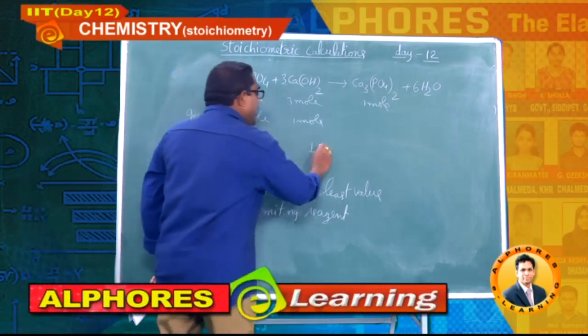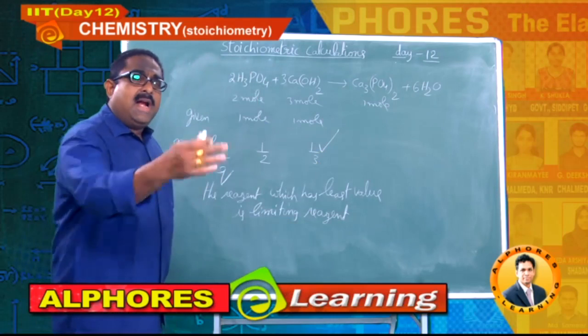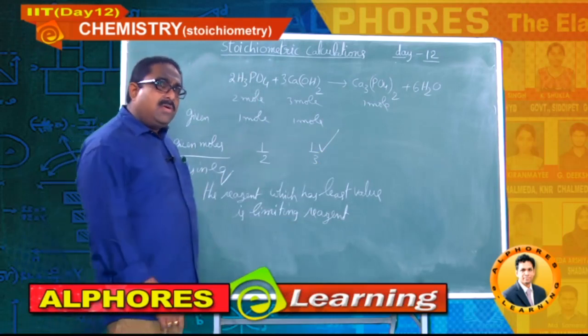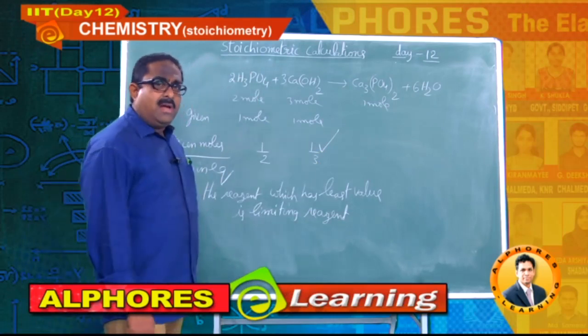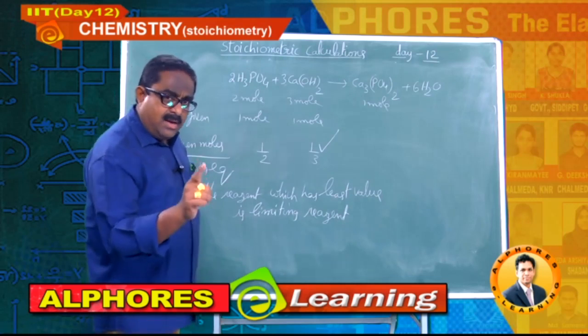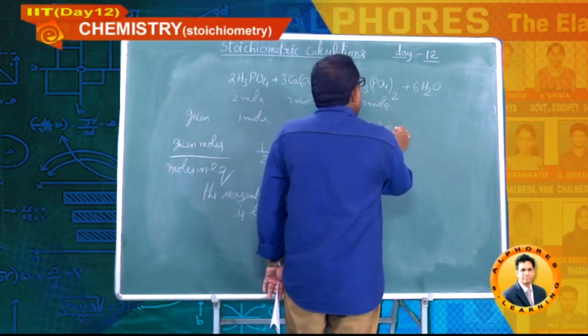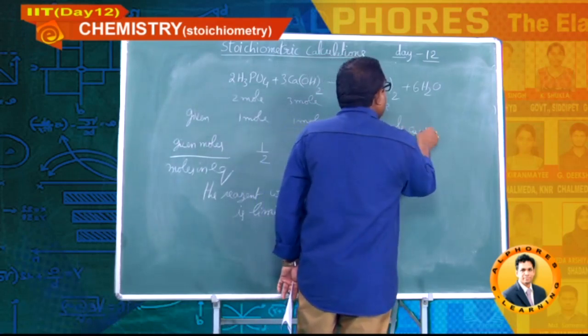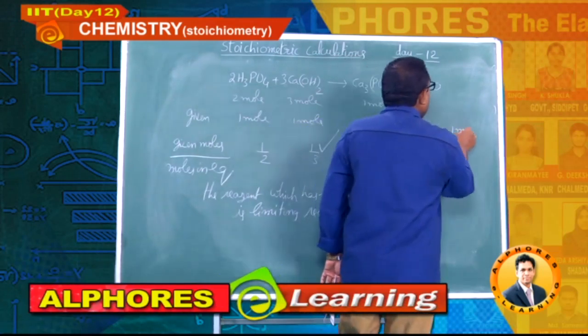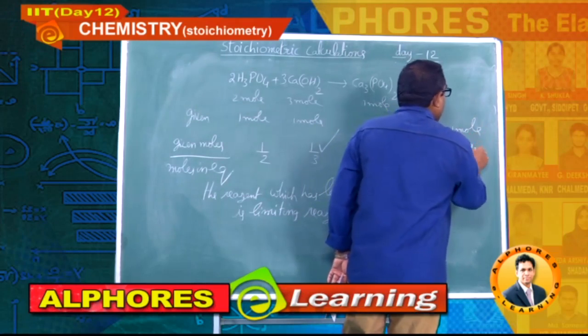Once you fix the limiting reagent, the remaining thing is very easy, because the amount of product always depends only on the amount of limiting reagent. 3 moles of calcium hydroxide produce 1 mole of calcium phosphate.